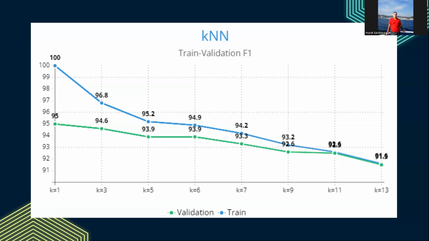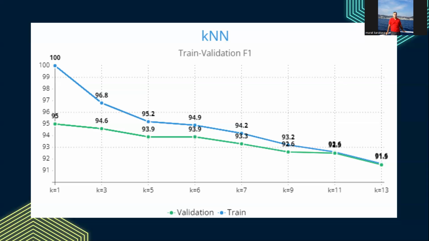Because the train accuracy is 100%. So that is what we expect from K equals 1. But K3 looks far away from memorizing the data, at 96 point something, and the validation is not too far away from the train accuracy.